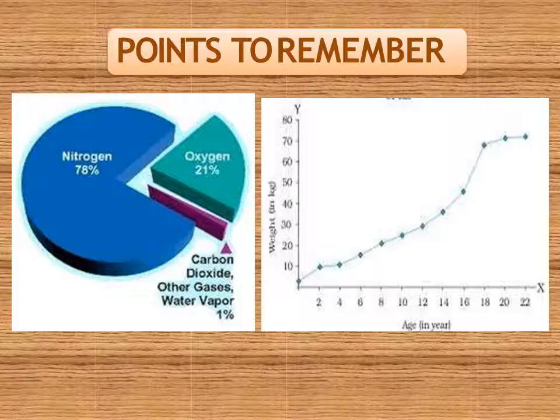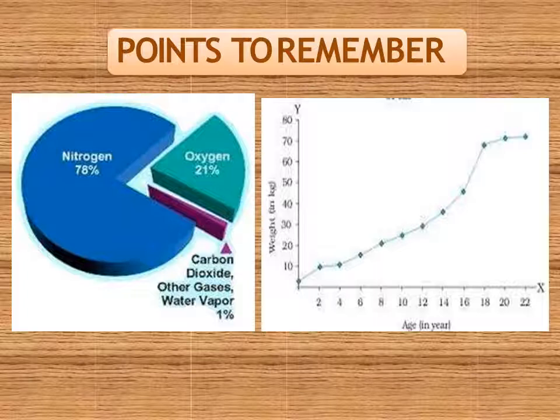Similarly, the line graph is also there, which helps us to determine various things. For example, in this figure we are talking about weight in kilograms, that means 10, 20, 30, 40, 50, 60, 70, 80, and the age in years, that means 2 years, 4 years, 6 years, 8 years, 10 years, 12 years.